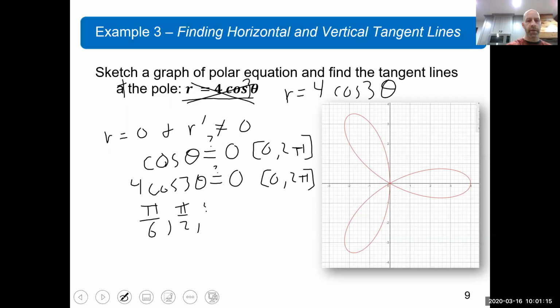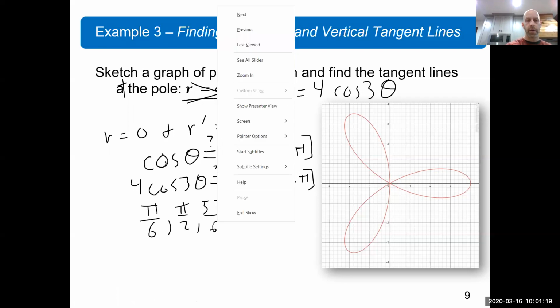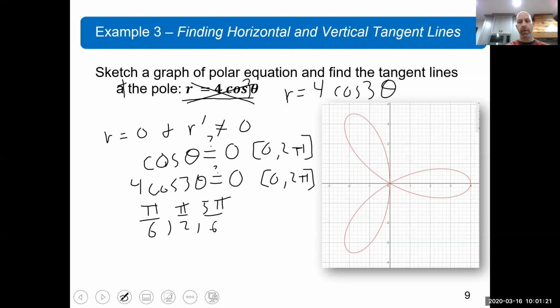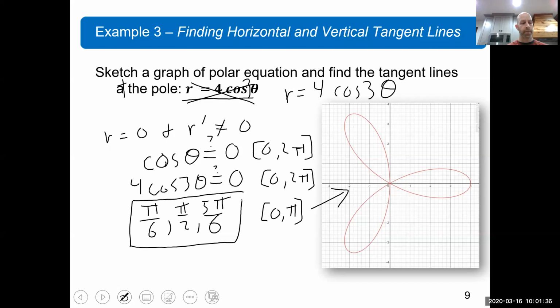And the third one is 5 pi over 6. Now there are actually 3 more from this interval, but it turns out that this curve can be generated completely from just going from 0 to pi. So you only need the first 3 of those instead of the first 6.